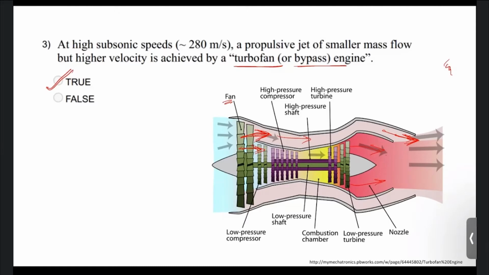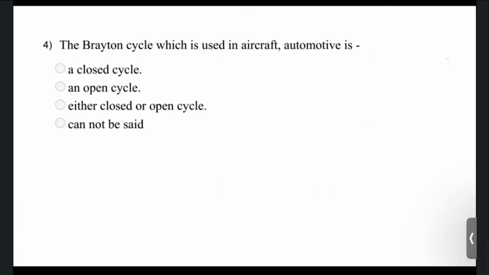Let's move to the next problem. The next problem asks whether the Brayton cycle, which is used in aircraft and automotive engines, is a closed cycle, an open cycle, either closed or open, or cannot be said. We have already talked about it. The Brayton cycle used in aircraft or automotive is an open cycle.